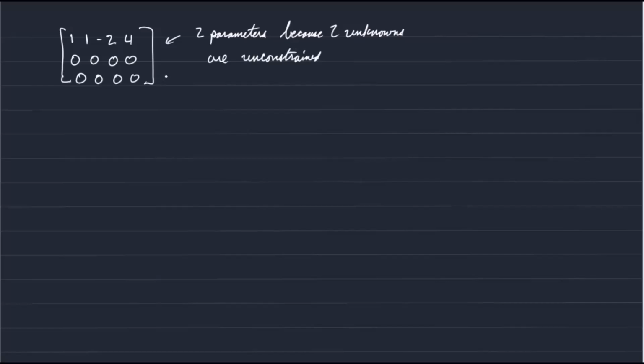Right, so the bottom row, where we would normally determine x3, tells us nothing about x3. Likewise, the second row, which normally tells us about x2, fails to do so.